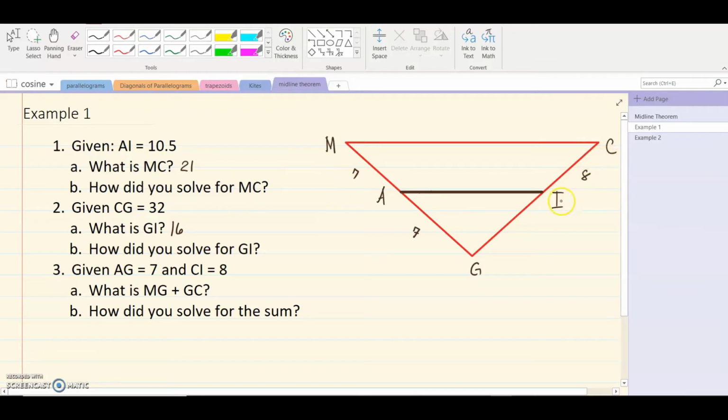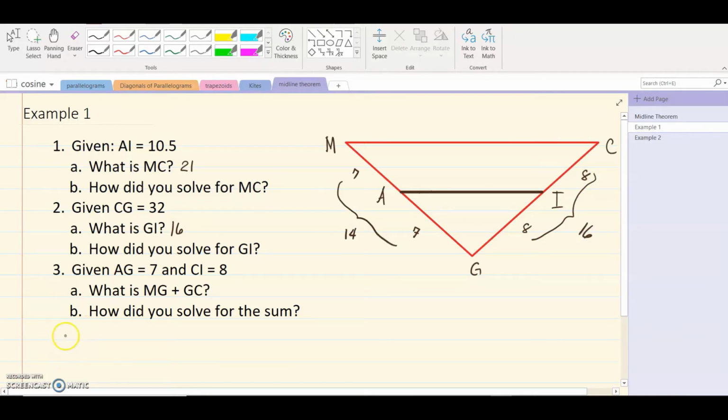Then on this side, if you have CI as 8, IG will also be 8. So we know that MG will be 14, then GC will be 16.